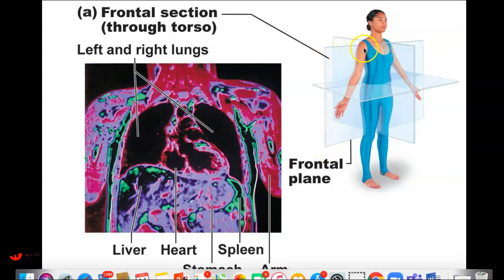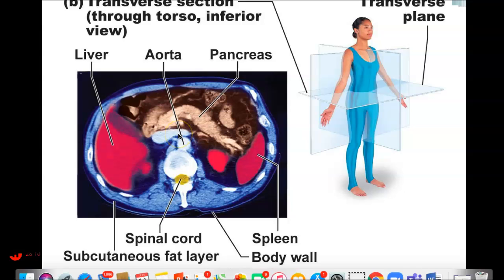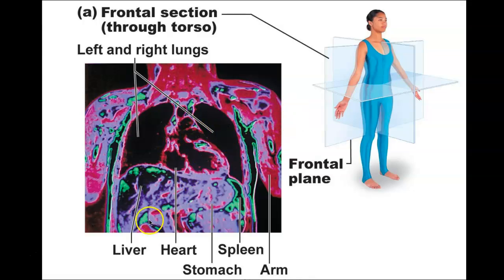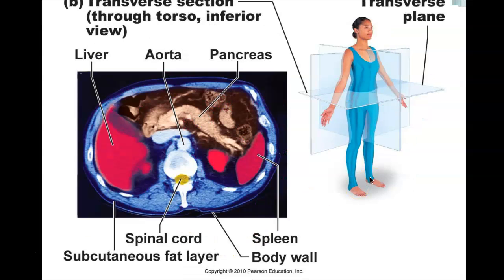So if you cut straight this way, cut all the way down, you would have half of the body front and then you'd have the back. And what you can look at when you do dissections like this, you can look at the lungs a little bit better. Sorry, I went to the wrong page. You can look at the lungs a little bit better. You can really look into a cross section of the organs, the heart, the spleen, the stomach, and arms.